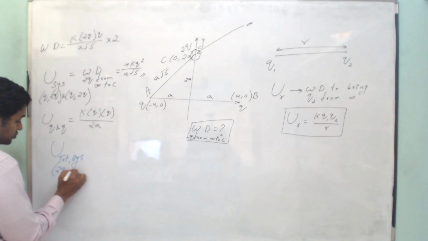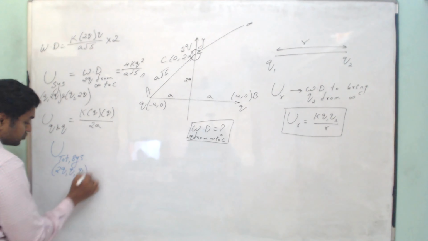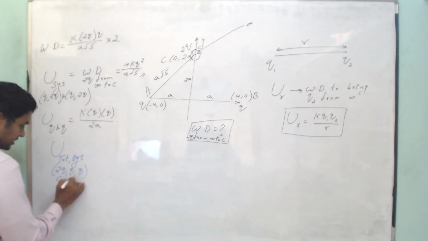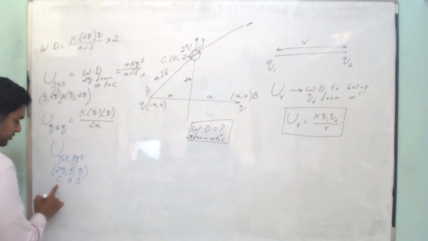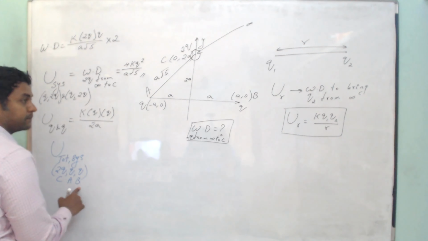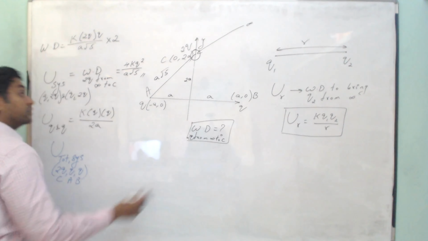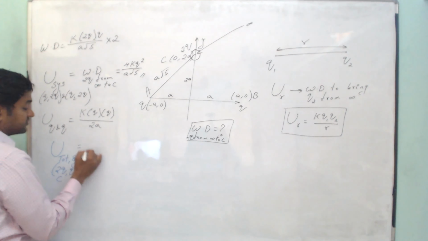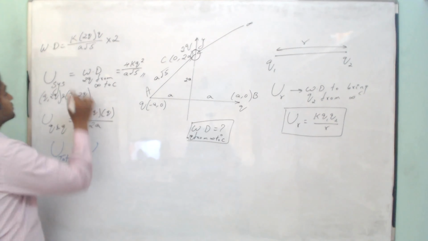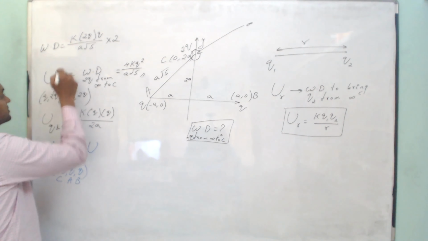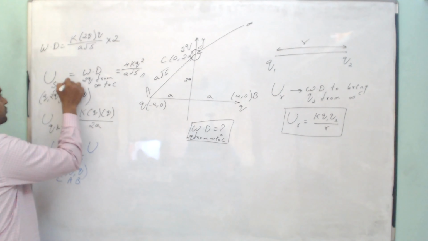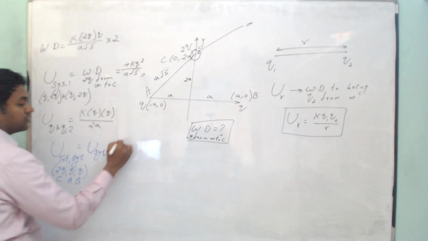One 2Q charge, Q charge and Q charge, at point C, point A and point B. The total potential energy of this system is the potential energy of this, let us say some U1.